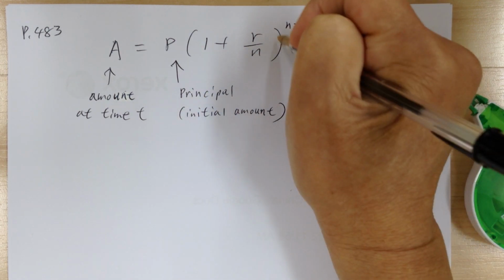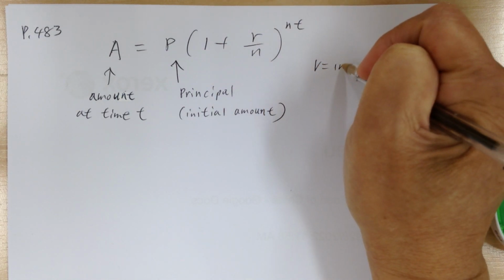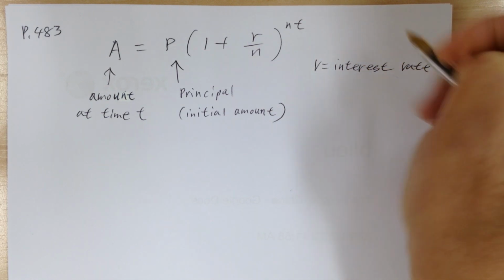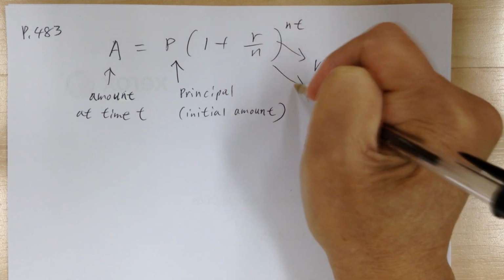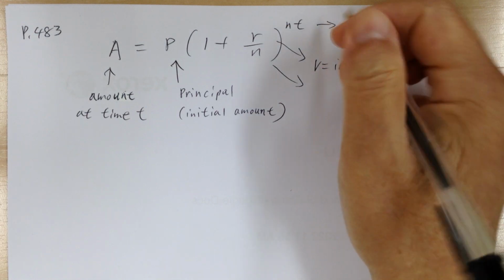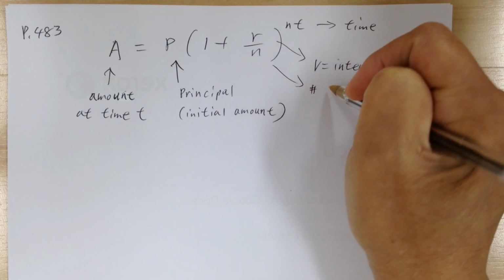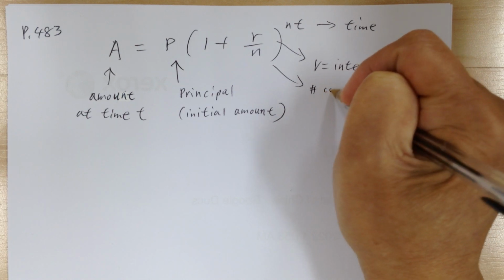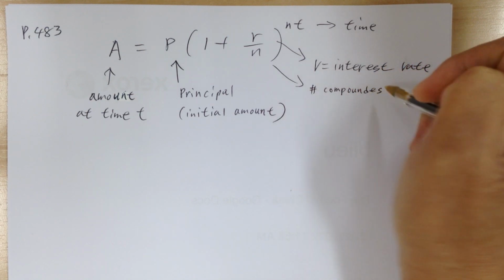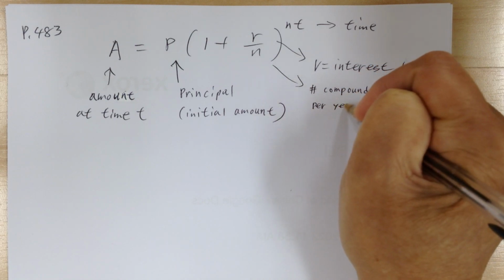R is the interest rate. T is time. And n is the number of times compounded per year.